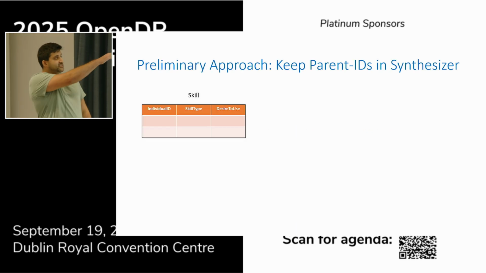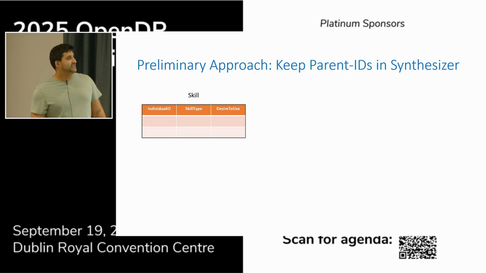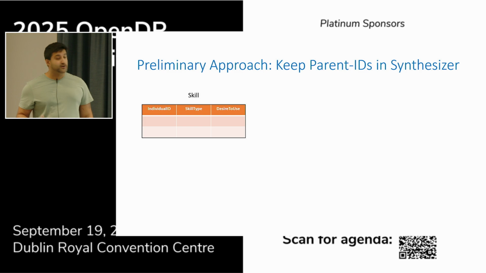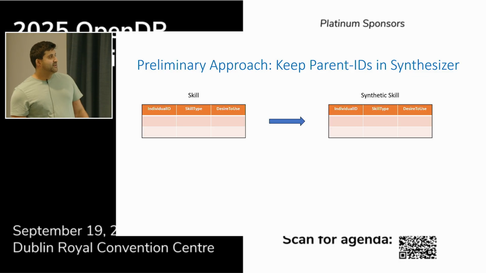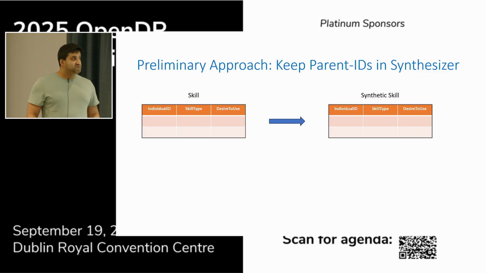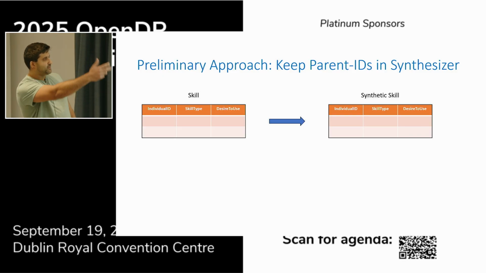If we look at the skill table here, there's an individual ID, the type of skill they have, and whether they have a desire to use it. Are they a carpenter? Are they a mechanic, and so forth. Imagine I ran, let's say, MST to get a synthetic skill table. I would get a column that has individual IDs with some skill type and some desire to use.